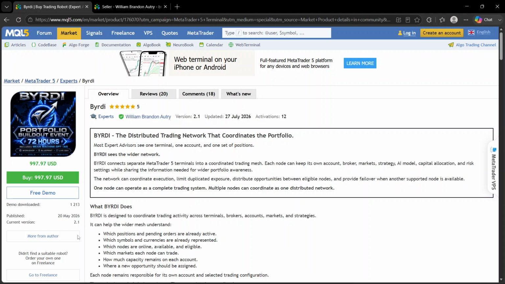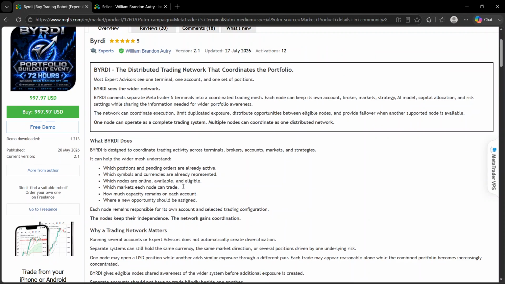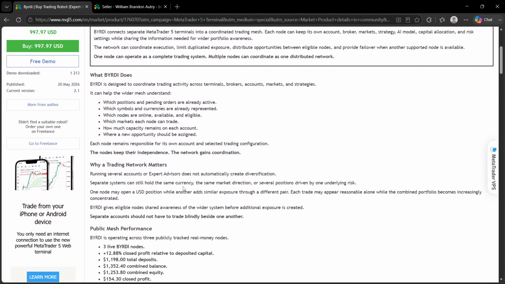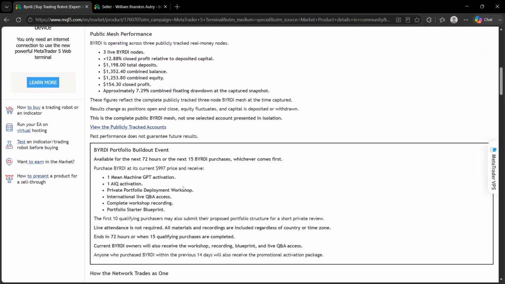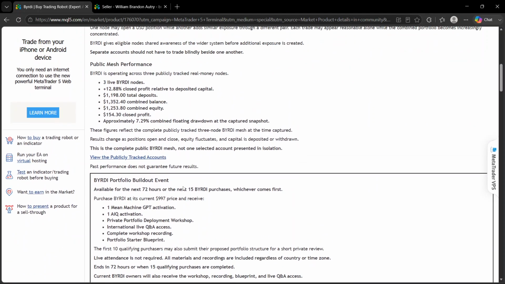Honestly, this is still a young system, published in May 2026. The architecture tries to solve a real problem multi-EA users run into, which is correlated risk across accounts. But mesh awareness doesn't automatically create diversification if the nodes end up pointing the same way on correlated pairs or assets. Broker conditions, internet stability, and how the AI models behave over time will still matter.